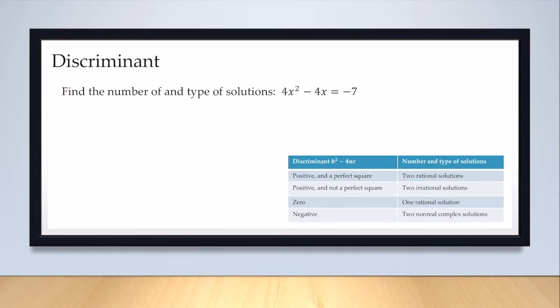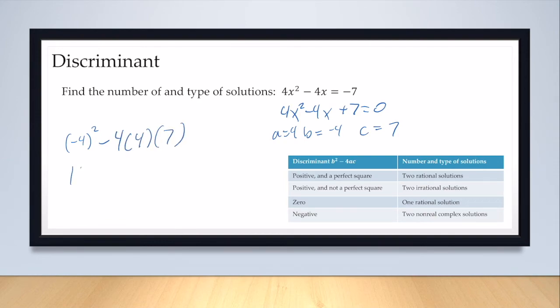All right, if I have 4x squared minus 4x minus 7, I'm going to go ahead and move that 7 over. In this case, a is 4, b is negative 4, and c is 7. So I have negative 4 squared minus 4 times a times c.